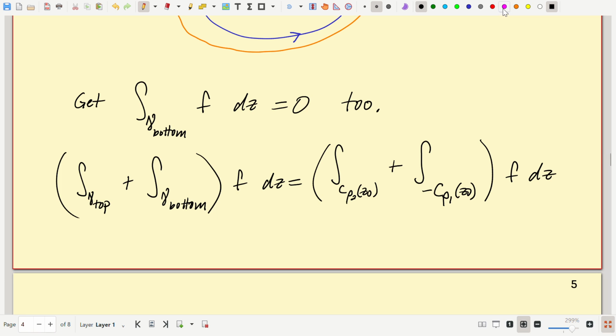And that thing is equal to minus the integral around C rho 1. And so that's the result. So this is a big fat 0, 0 plus 0. So that's the demonstration.